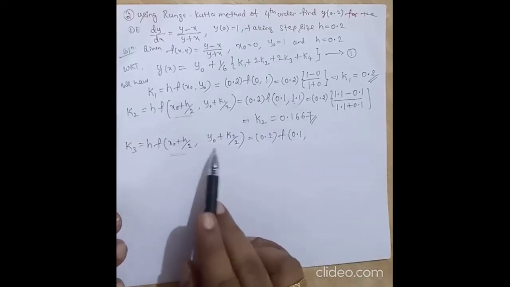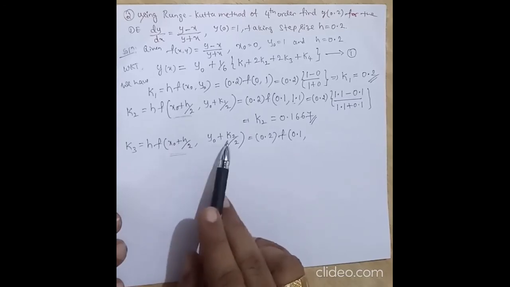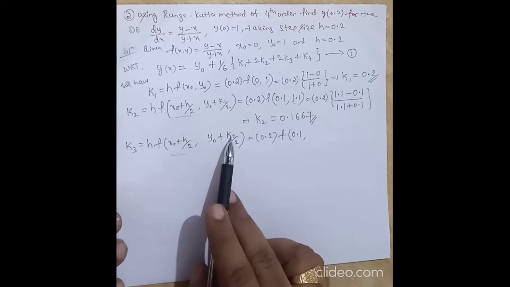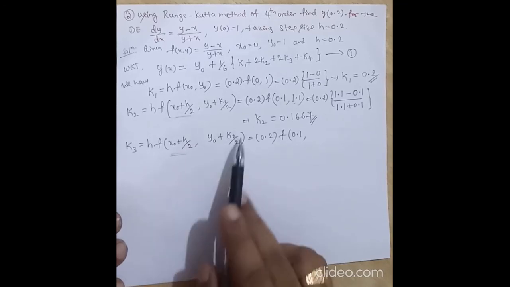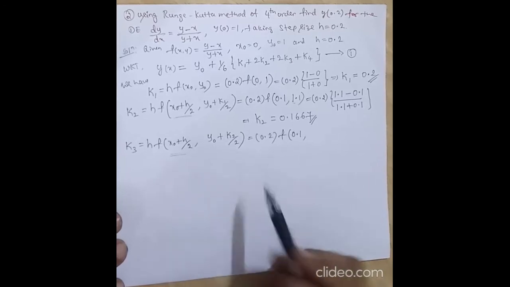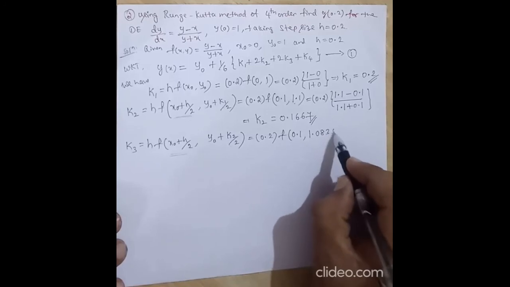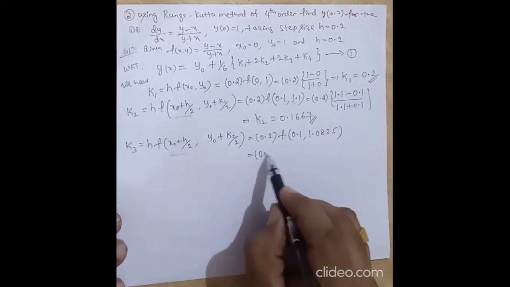Y naught plus k2 by 2 we calculate. See, y naught is 1. This is 1 plus k2, this 0.1667 divided by 2. So this gives 1.0835 on simplification.